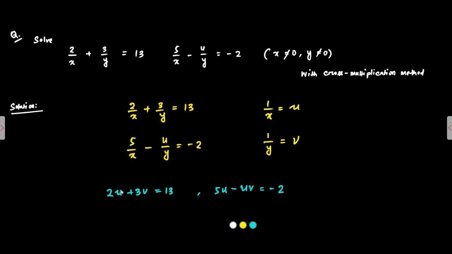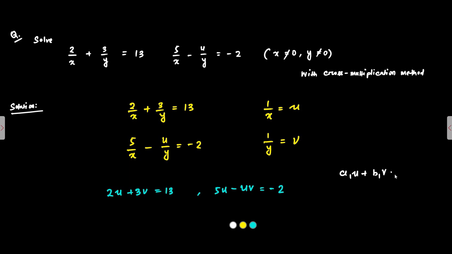These are the two equations. So here, instead of x and y we have u and v, two additional variables which we have substituted for 1/x and 1/y. Now we'll write the linear equations in terms of u and v, and compare with the standard format.